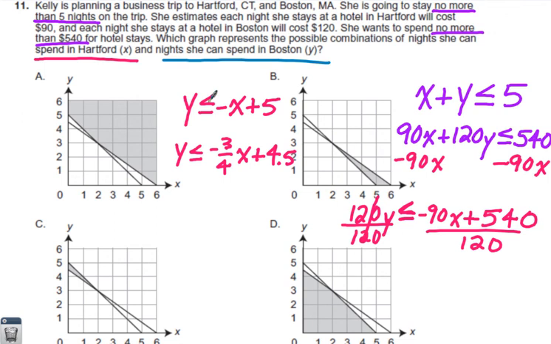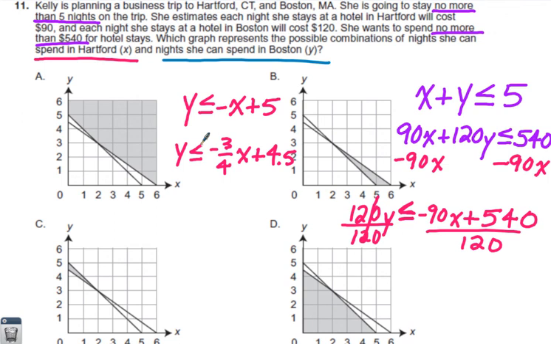But the shading, well, for a less than or equal to, where would you shade? You would shade below the line. So for both of these lines, you would shade below the line.